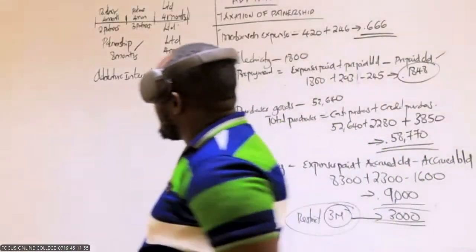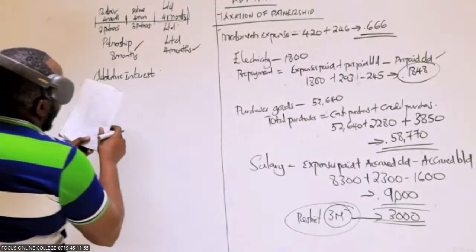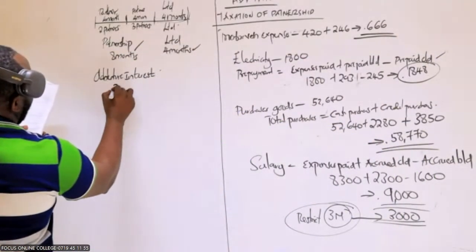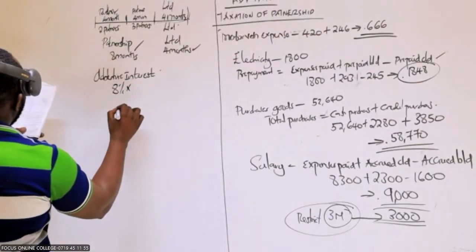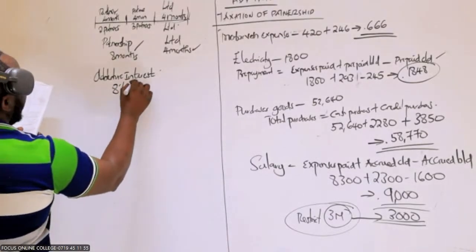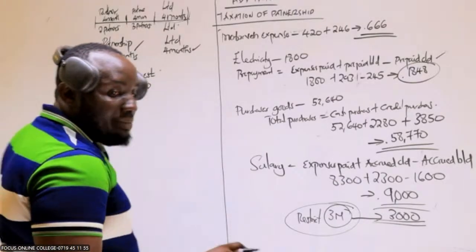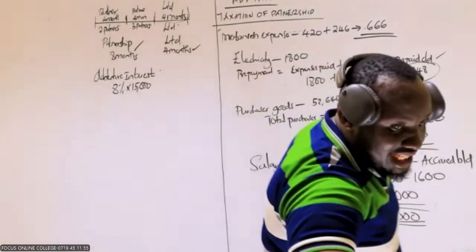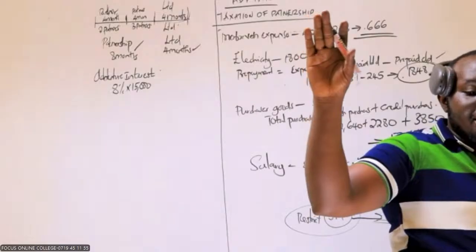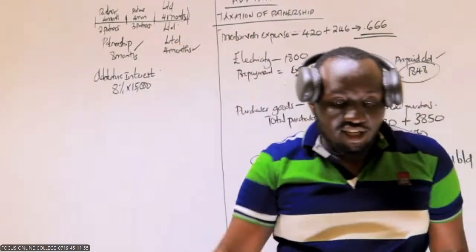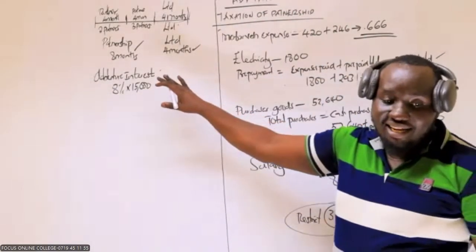So the debenture interest, we are told, we have it as 8% times the debenture, which we round to 1,000, that's 15. But now for the company, how many months? Not the whole year. For the company, how many months? You don't calculate it for the whole year.